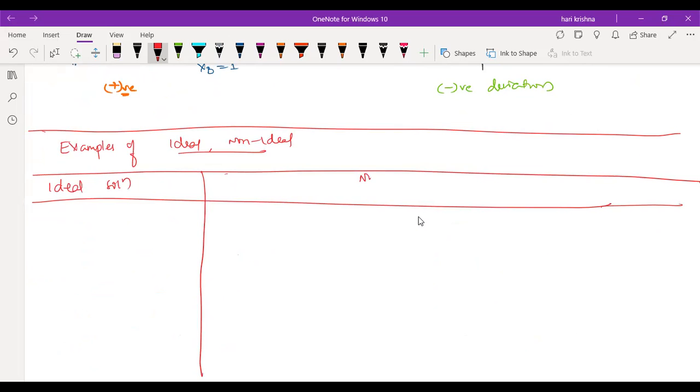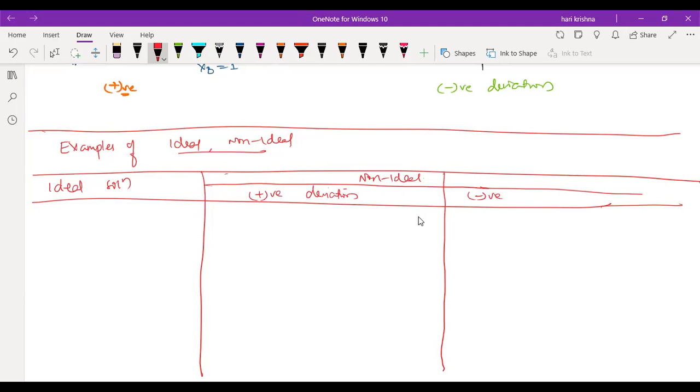Next, non-ideal, two types: positive deviation and the negative deviation. This table you have to memorize completely. First one, hexane plus heptane. Can anyone of you tell me what is the hexane formula?